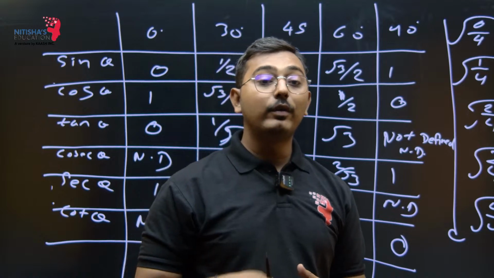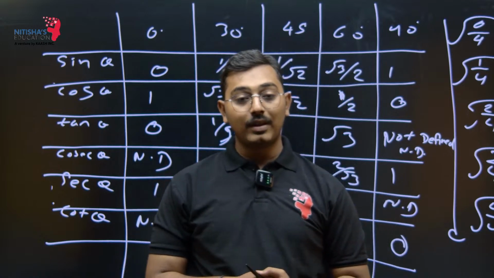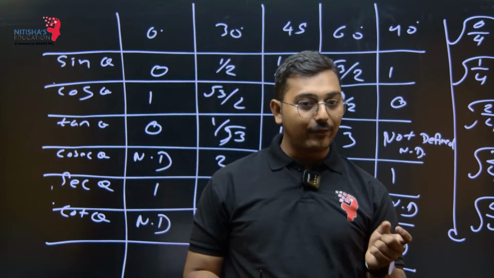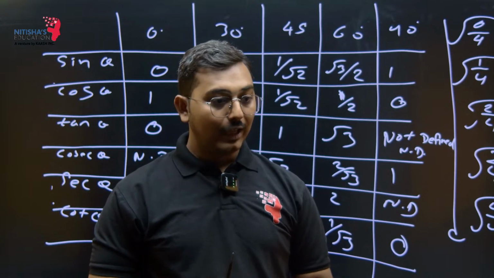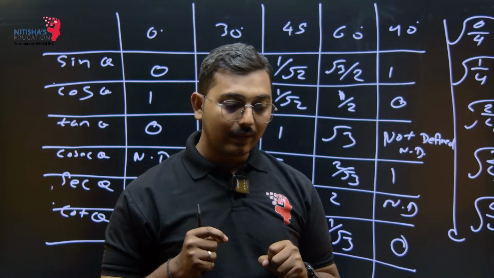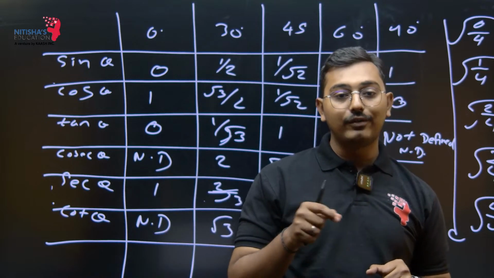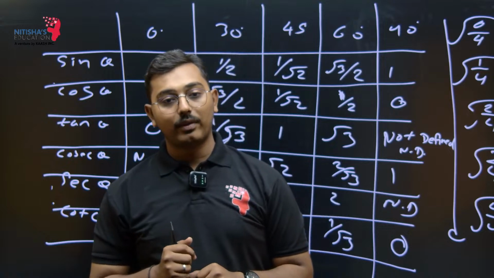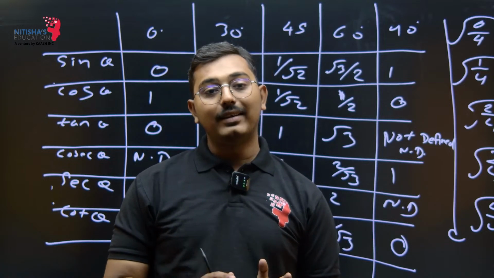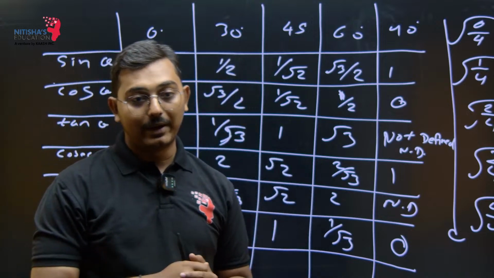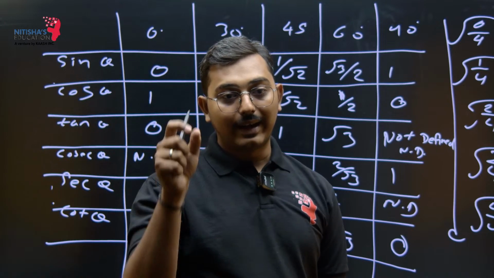So what you will be doing in the exam? You will get 15 minutes prior to the exam to check the question paper. If you see that there is the use of these trigonometric values, then first of all you will write the table at the back of the supplementary, at the last rough page.